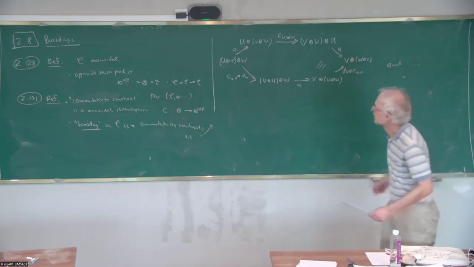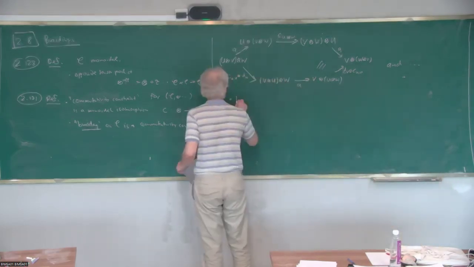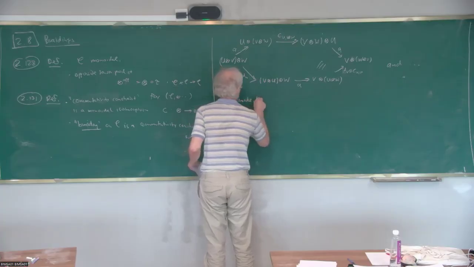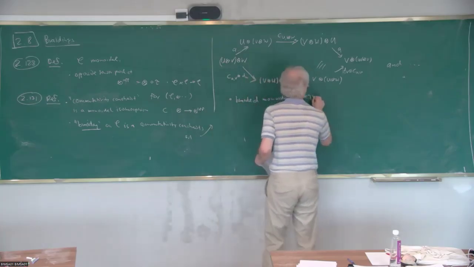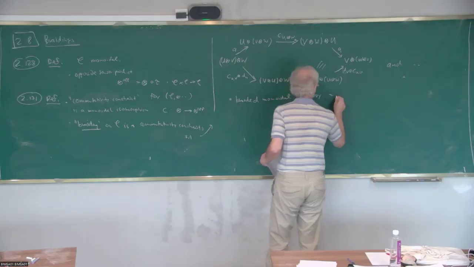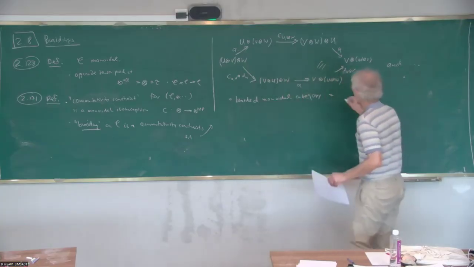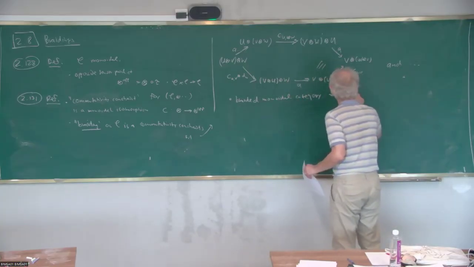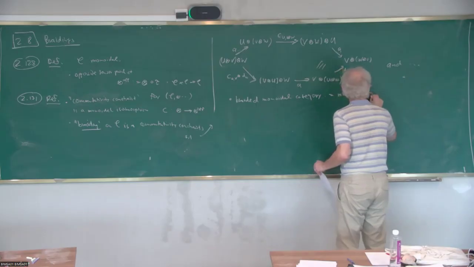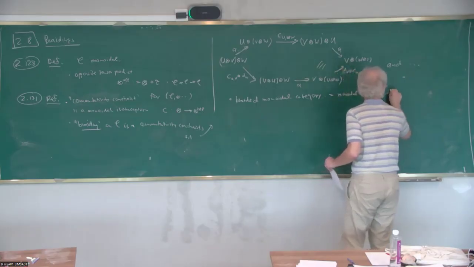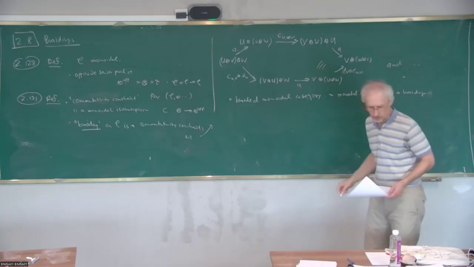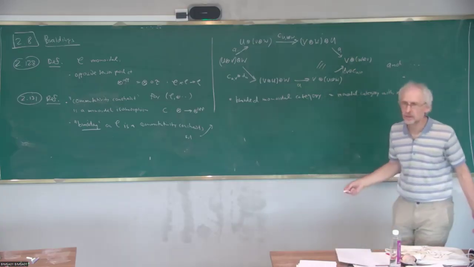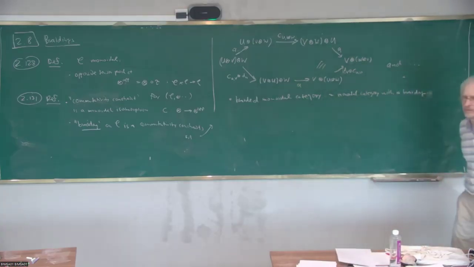And then a braided monoidal category is a monoidal category with a braiding. Braiding is structure. So a given monoidal category need not admit a braiding, and if it does, there can be several different ones.